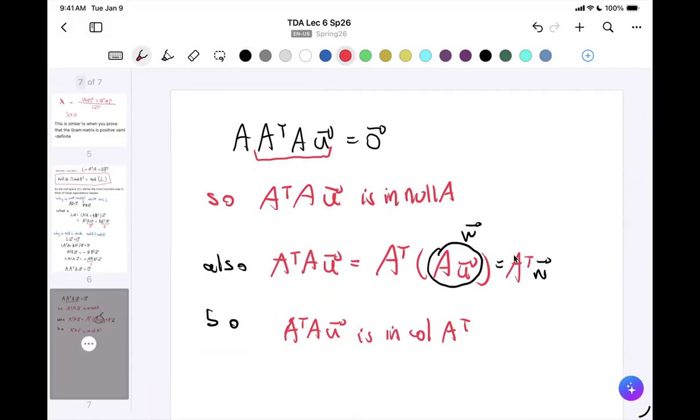But the column space of A transpose, because of these orthogonal complements and the rank nullity theorem and all this other stuff, is just the null space of A. So this is the rank nullity stuff.